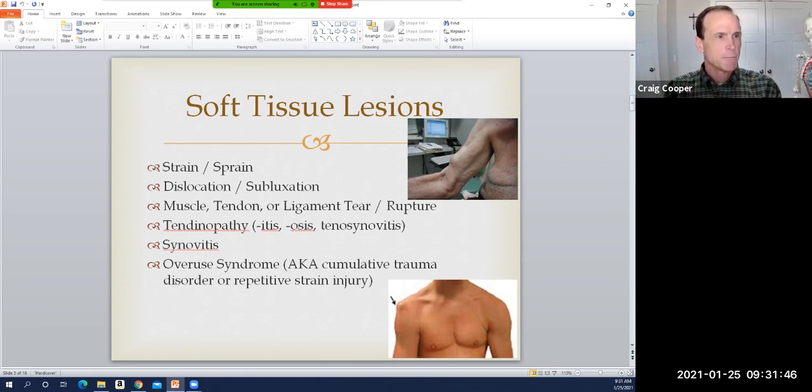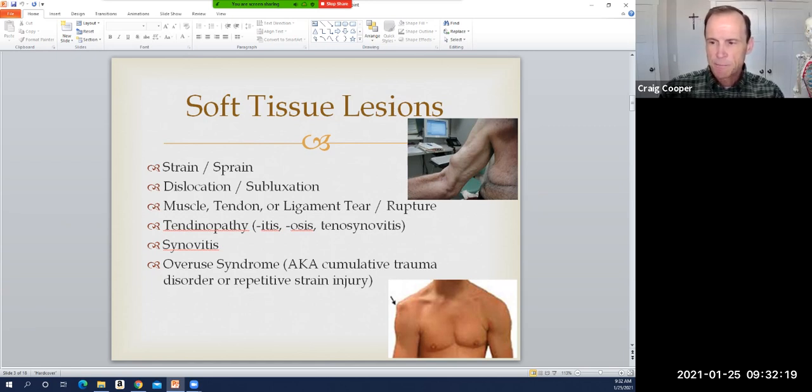Think of brake cables on a bike: you've got that outer plastic housing, and then the cable that glides back and forth within it. Tenosynovitis is an inflammation of that sheath, so every time that tendon moves, it's very irritating for that person. Synovitis would be any synovial joint where the synovium itself is inflamed and irritated. We see that a lot with RA, but it can also happen with other joints.